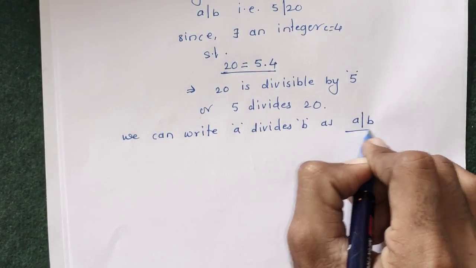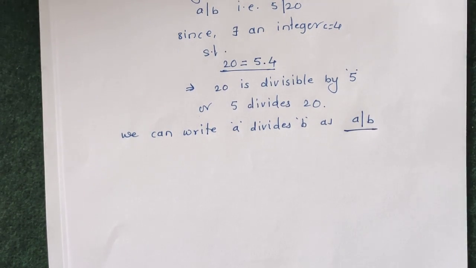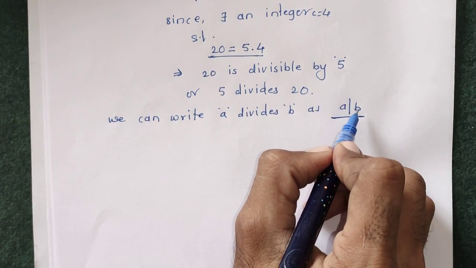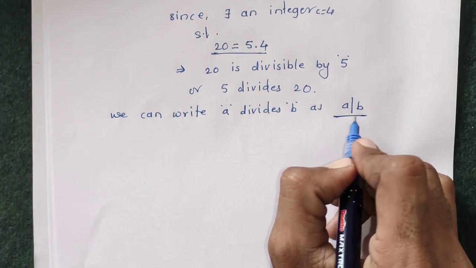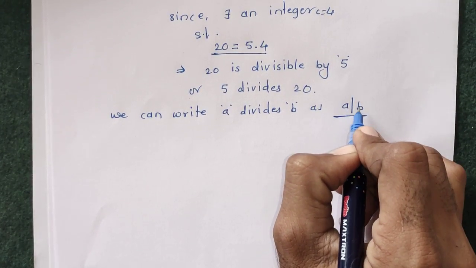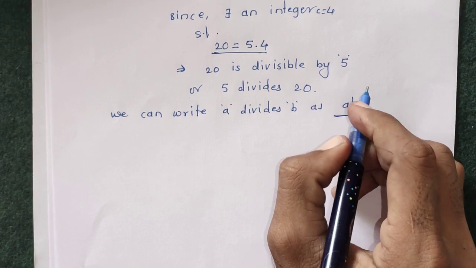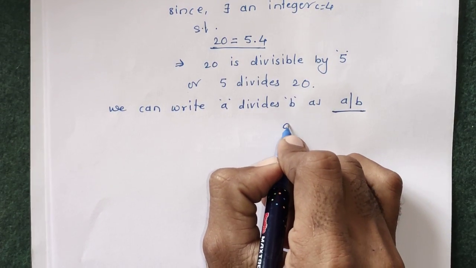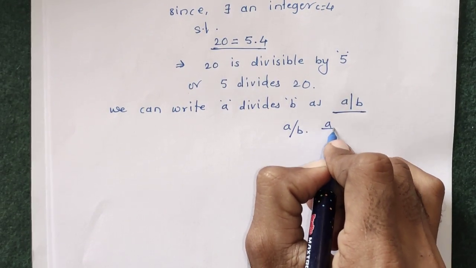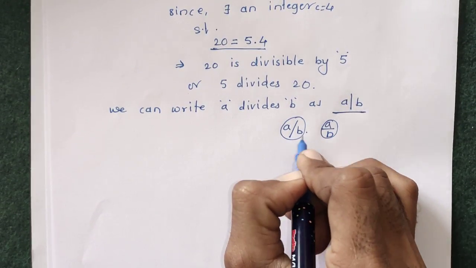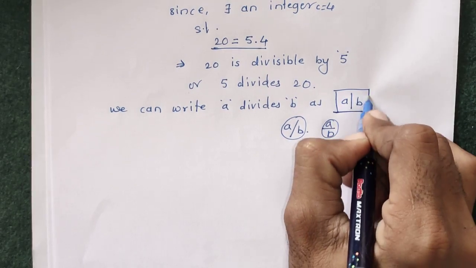This is the notation of divisibility, a divides b, or b is divisible by a. Your notation must be proper. This line in between a and b is a completely straight line. You can't write it like this or this, both are incorrect. So, your notation must be proper.